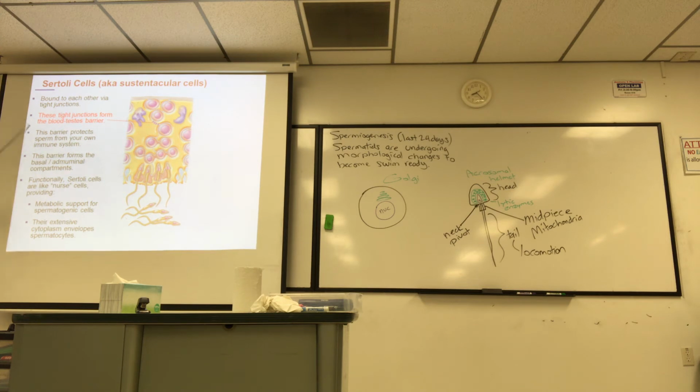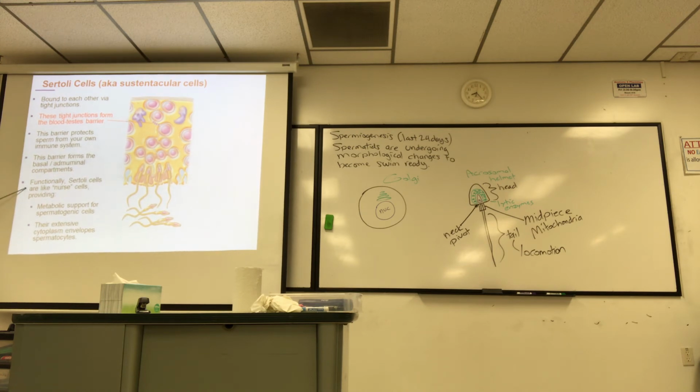This figure here, the Sertoli cells. I had already mentioned that they're called sustentacular cells, and I already mentioned the tight junctions. I drew them as simple columnar. Here they just draw the cytoplasm. Pretty much the cytoplasm of these cells, they kind of bathe and protect and nurse the developing sperm. That's kind of their function. They're like nurse cells.